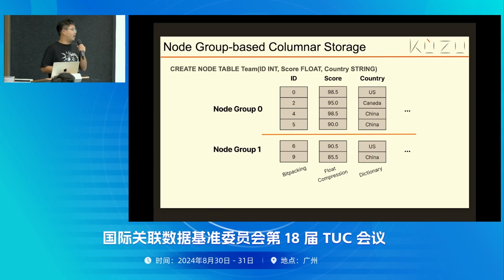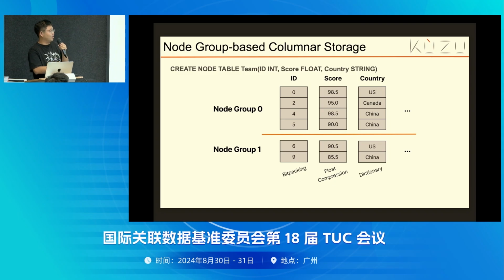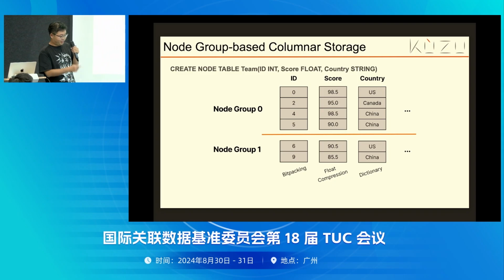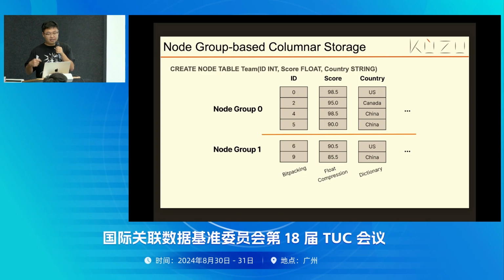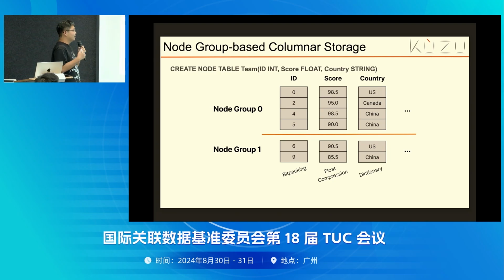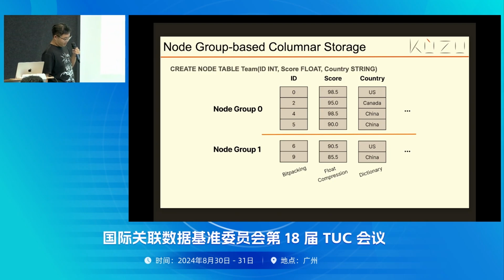And on top of string dictionary compression, we also do another round of bit packing on the indices for this dictionary. So you could potentially apply multiple compression algorithms over the same column repeatedly until you achieve the best compression ratio. We also have many other compression algorithms, but I'll skip them for the sake of time.